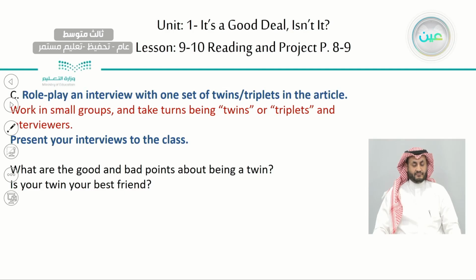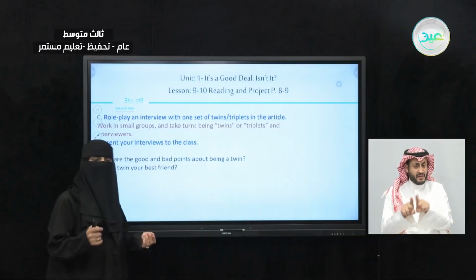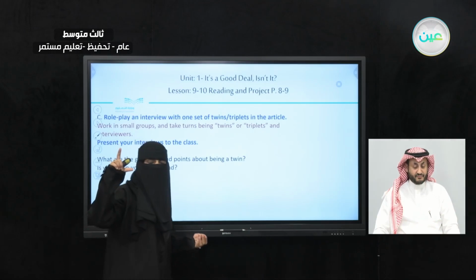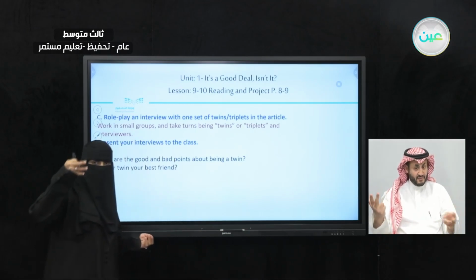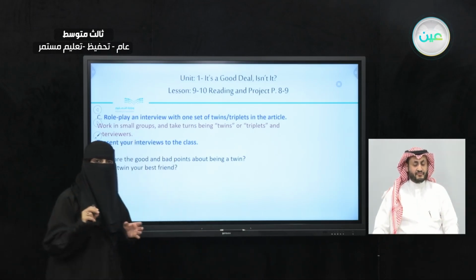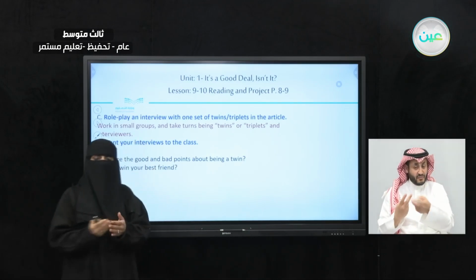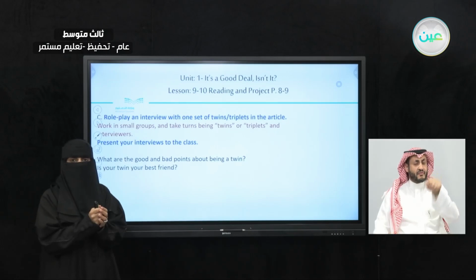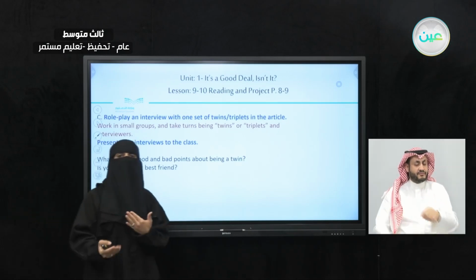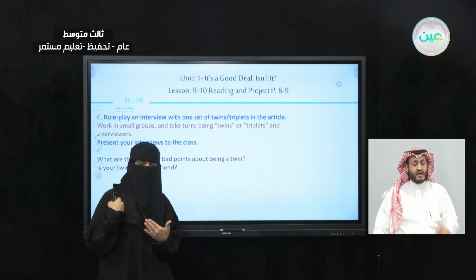Now, role play an interview with one set of twins or triplets in the article. So you have to choose either the Giggle twins or the 3 triplets. Choose one of them and imagine that you are interviewing them. You're asking them questions, okay? Imagine how they would respond to these questions.